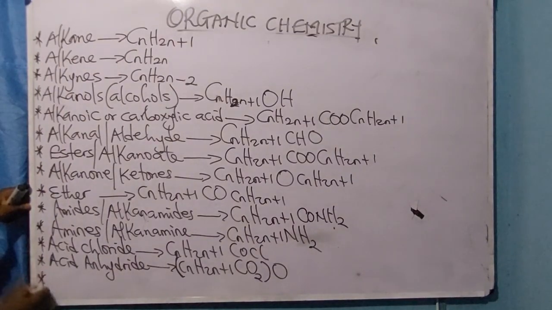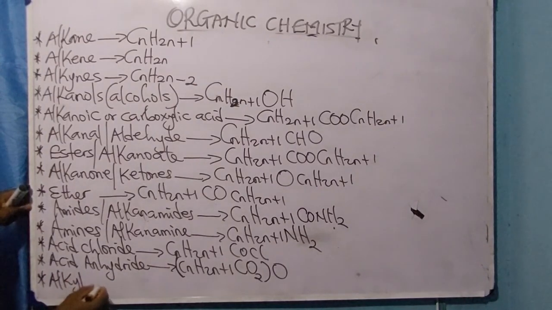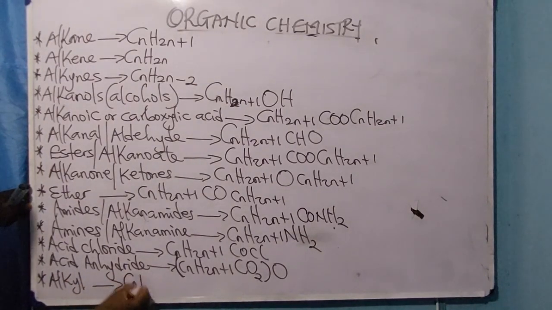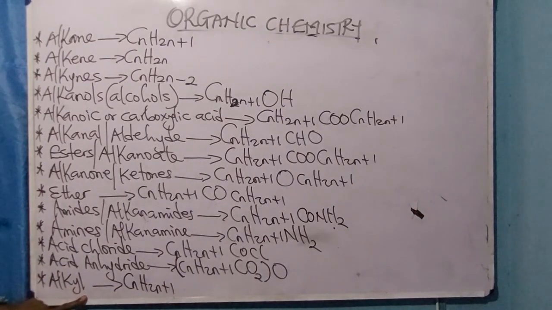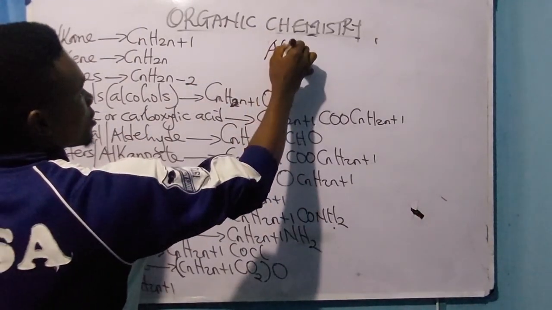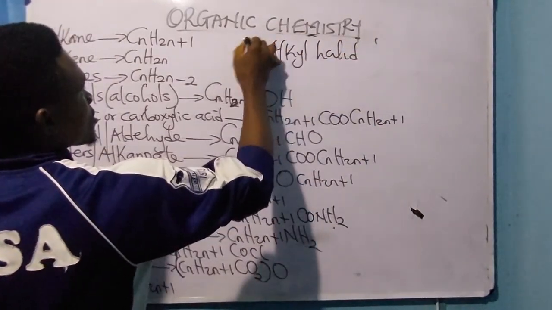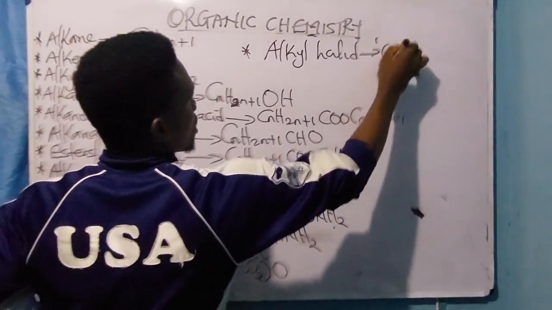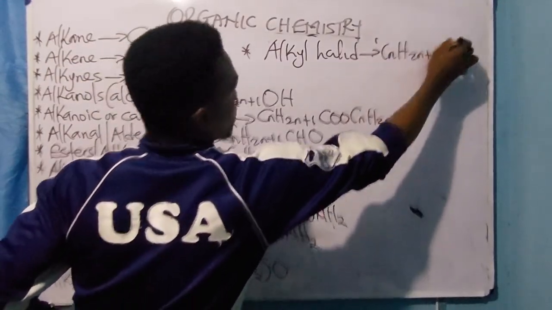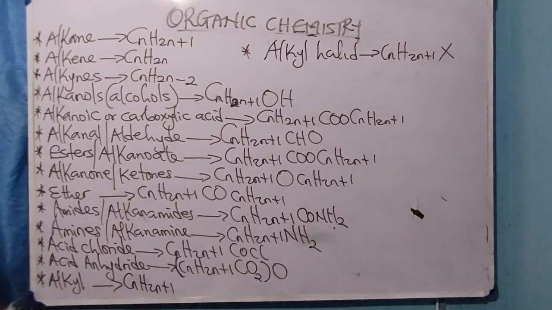Now the acyl has formula CnH2n+1. Then the alkyl halide is CnH2n+1X. That X there connotes the halide. So these are the various homologous series.